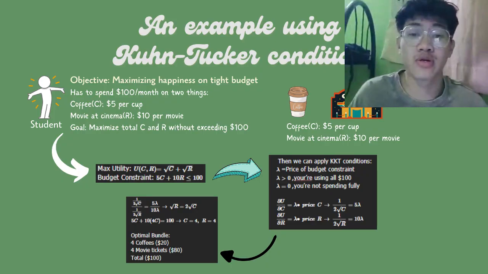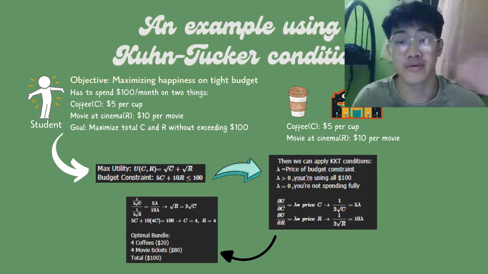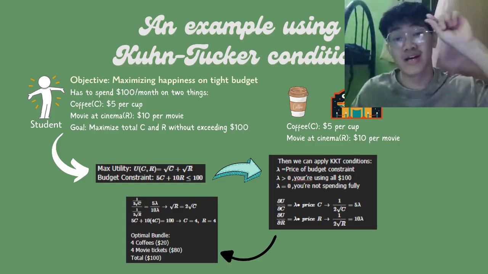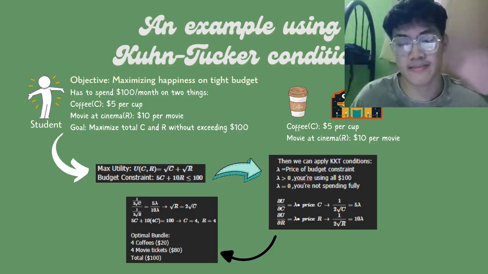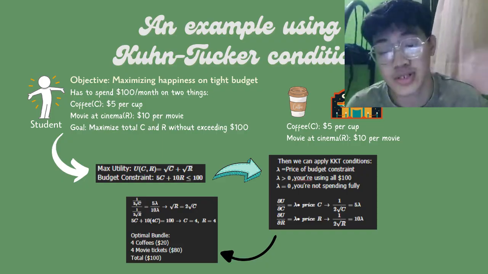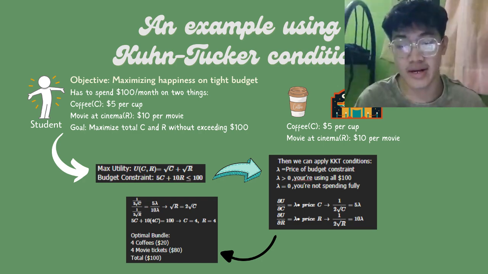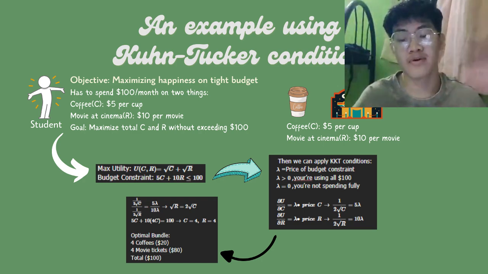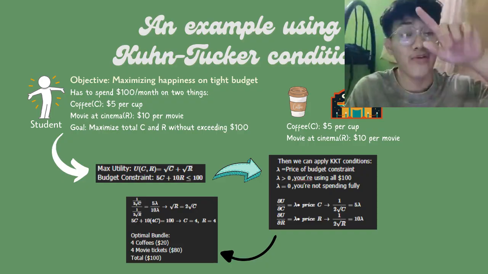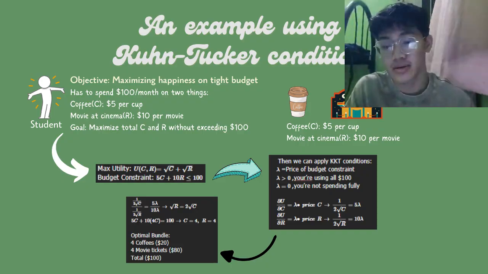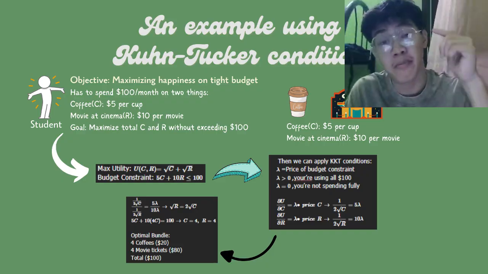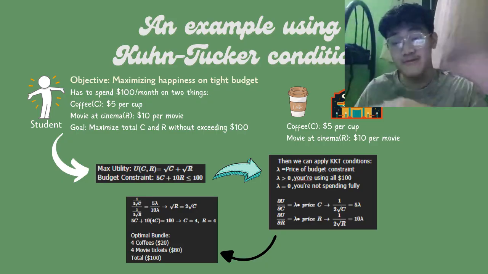We are moving on to the Lagrange multiplier, which is the one you see with the lambda symbol. You just plug in the formula, and then you will get 5 lambda and 10 lambda.